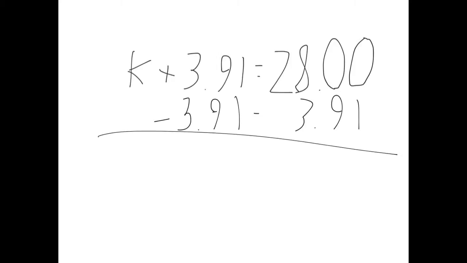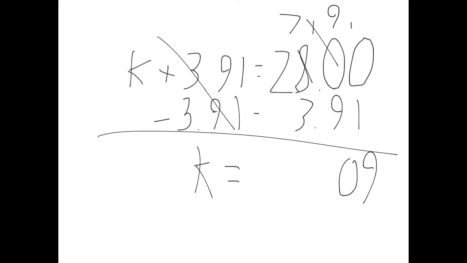Minus, and then plus. So equals, and then all you gotta do is subtract them. So 7, 10, 9, 0, 4, and 2. There you go. That's the answer.